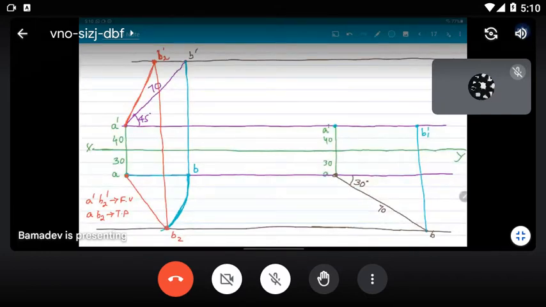Take this as center and this as radius. Draw an arc here, which will cut it here. Say this is B2 dash, and now join this.